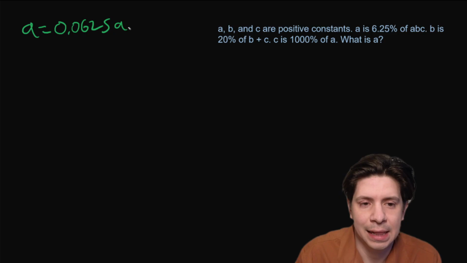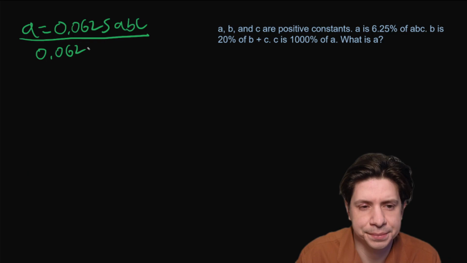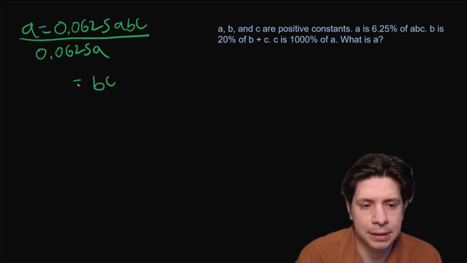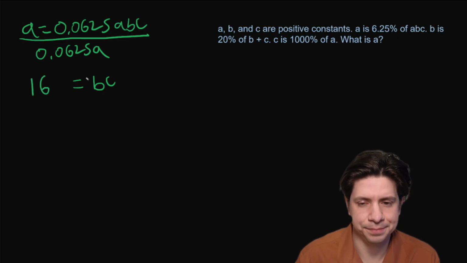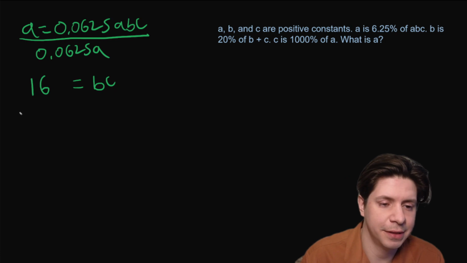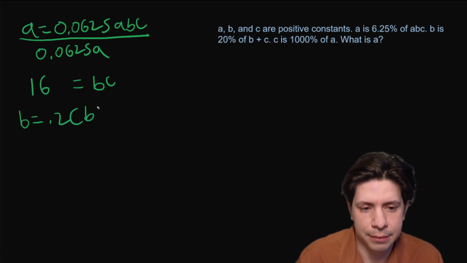0.0625 ABC. Then you're going to divide by 0.0625 A, and you'll get BC equals 16. And then we're told B plus C, B is 20% of that. So B equals 0.2 times B plus C, right?